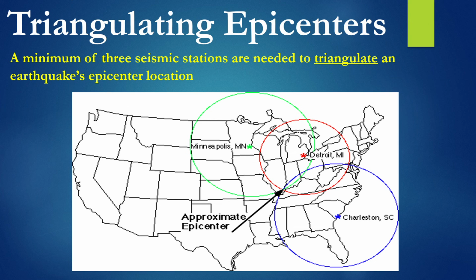So by knowing that time, it knows the distance, and if there are at least 3 cell phone towers around you, it can triangulate your exact location. That's basically how location works on your cell phone. It's the same thing. It's called triangulation. So a minimum of 3 seismic stations are needed to triangulate the epicenter location.